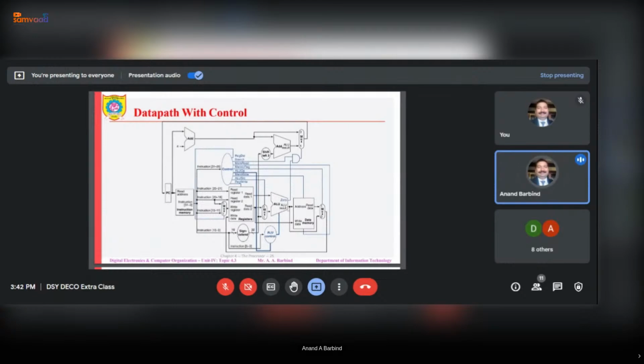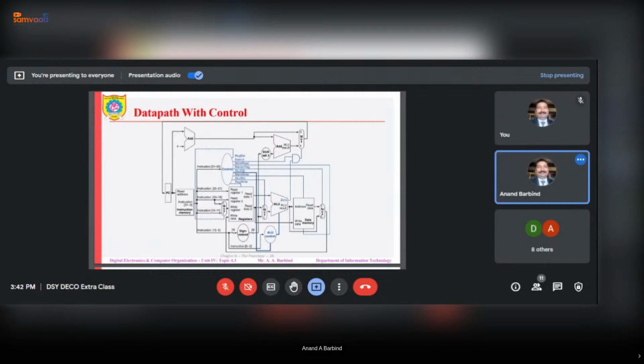And the result of the operation, because the instruction is R type: in an R type instruction, data memory is not required, because there is no loading or storing of data. So the output of the ALU will be given to this multiplexer, and this multiplexer will select the output of the ALU.